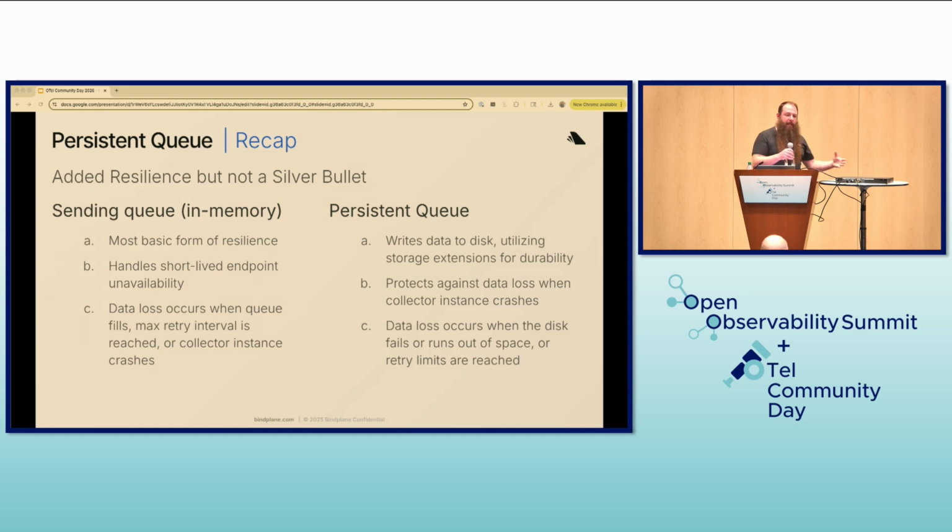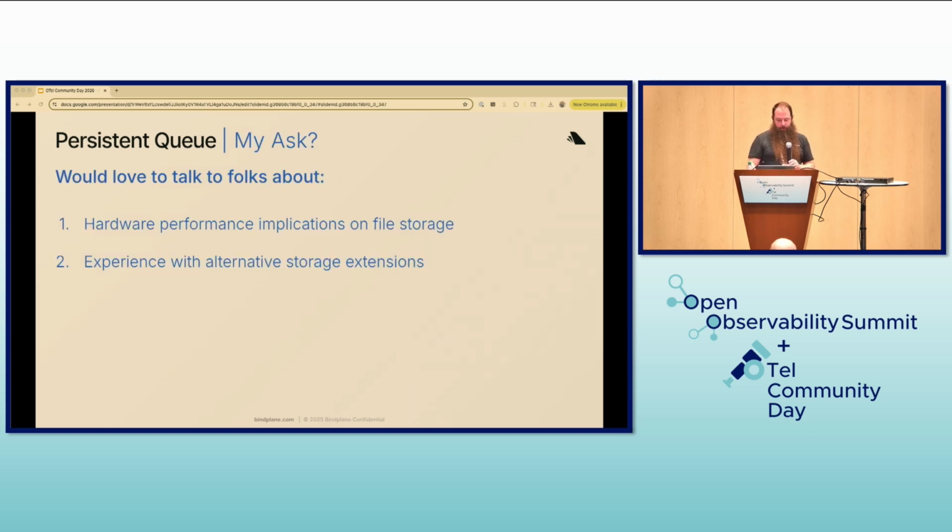It is one mechanism for resiliency within a telemetry pipeline, but there are other options, and depending on your situation, there could be better options. We started talking about back pressure a little bit. So I think it's a great way to add resiliency, but be mindful of other options.